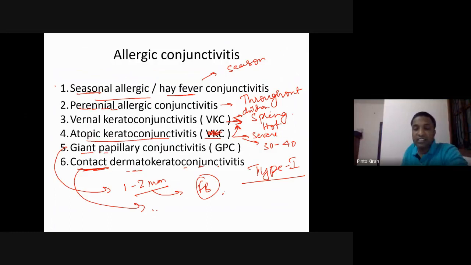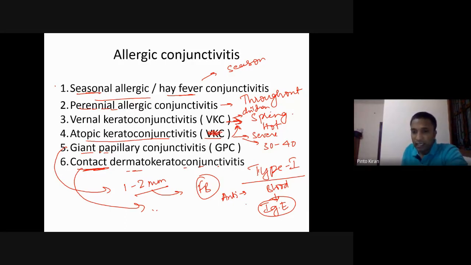Suppose a person is sensitized to certain antigens, maybe pollen, dust, whatever, in the blood system, that will stimulate the formation of IgE antibodies. So it's an IgE-mediated immune reaction. So whenever there is exposure to any kind of causative agent, immediately the person will develop this allergic conjunctivitis.